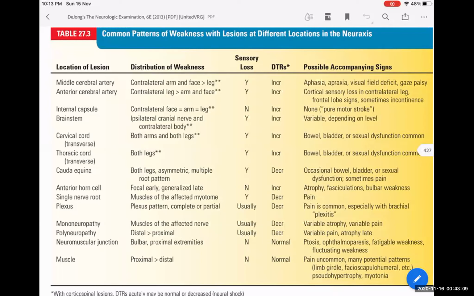So I'll tell you some important points about this. What are the associated things that you must look for? In an NMJ disorder, always try to look for a fatigable weakness or a diurnal variation of weakness. When a patient is having any sort of weakness, always try to look at the cranial nerves. There can be associated cranial nerve involvement.